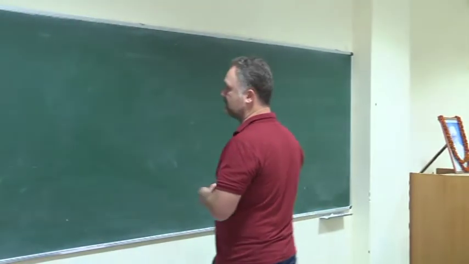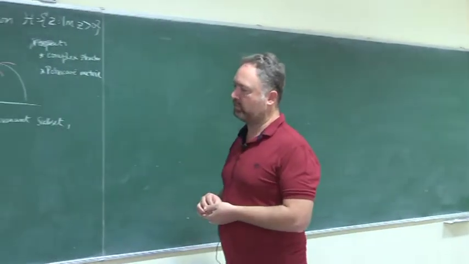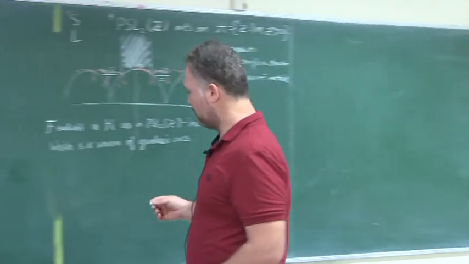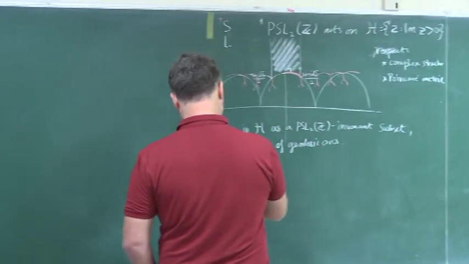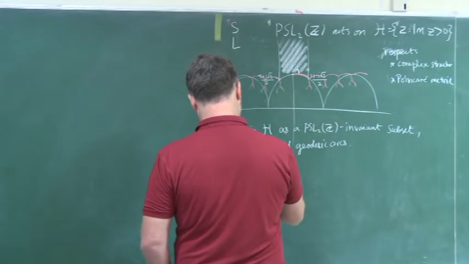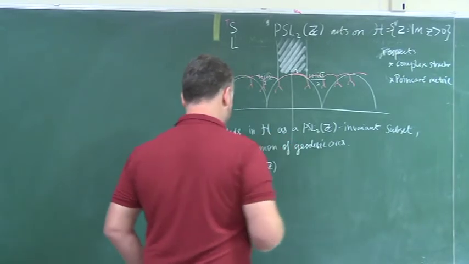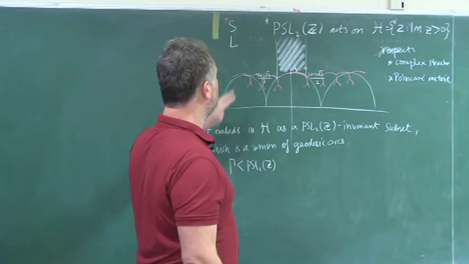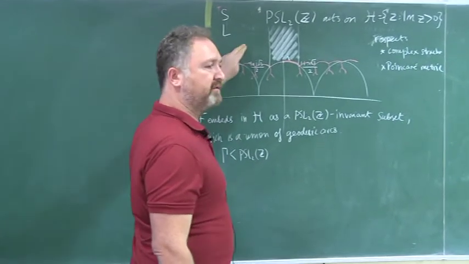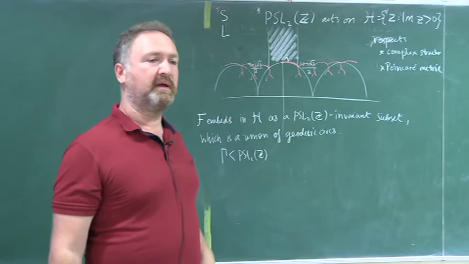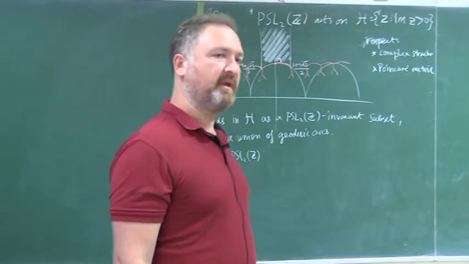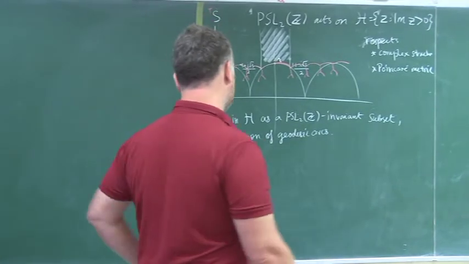So what does this tell us from our point of view is the following. If I have some free subgroup in the modular group, PSL2Z, then this torsion-free subgroup will also act on the upper half plane, and I can consider the quotient space. So the quotient space is a Riemann surface.